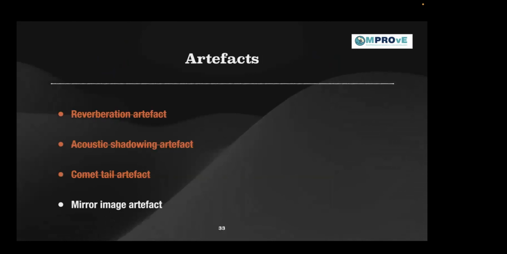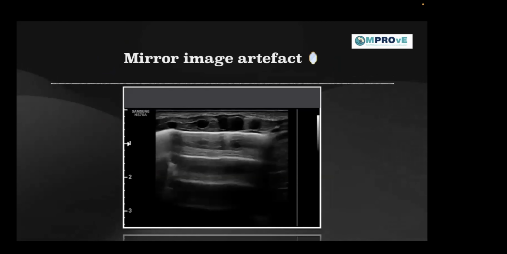Mirror image artifact. Mirror images are also a creation of the reverberation artifacts. So you see the mirror image of whatever you are scanning, basically. When we're talking about the lung scan, this is your soft tissue, your bones, and then you see a very sharp pleural line followed by the A lines. Where is the mirror image? Whatever is above the pleural line, you can see the same thing below the pleural line as well.